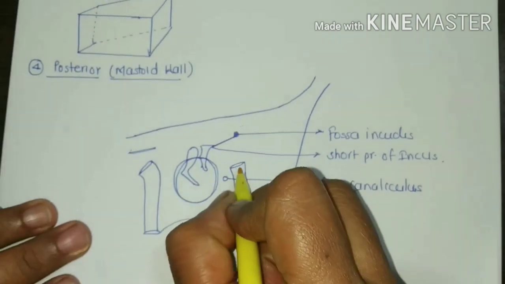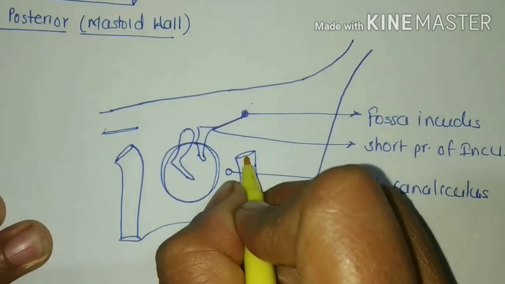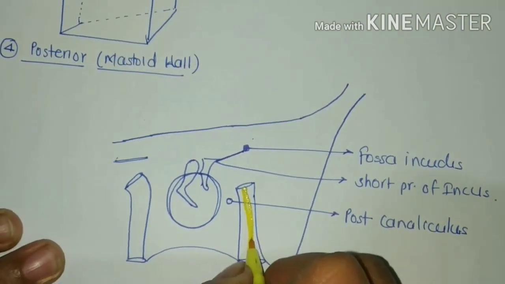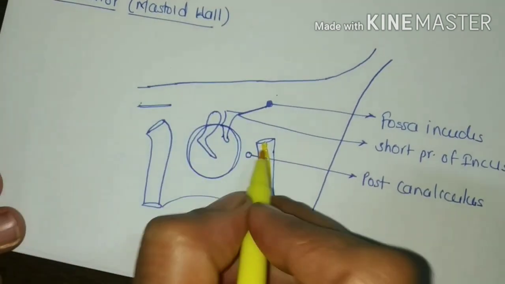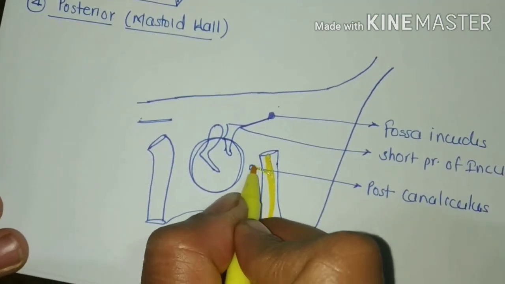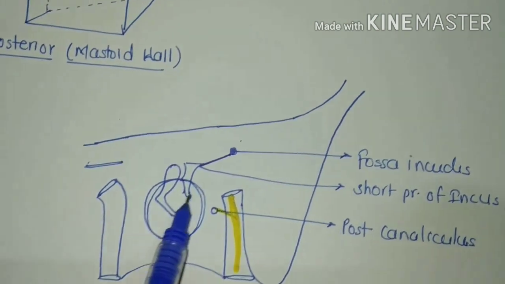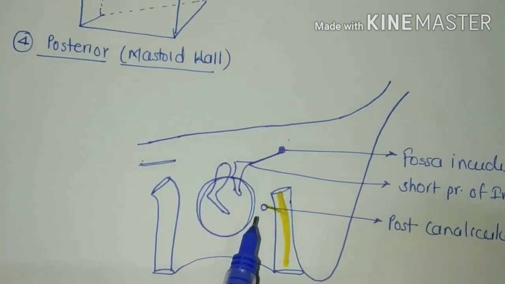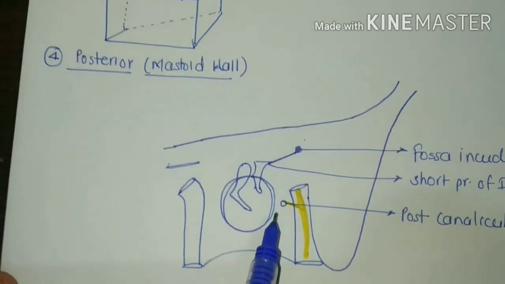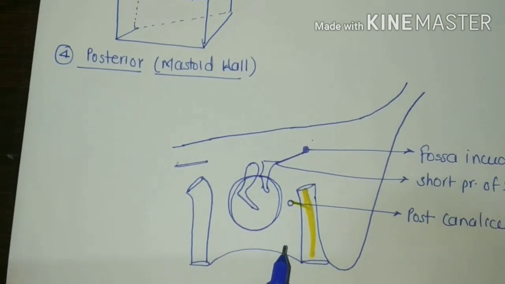As this is the canal for the facial nerve, the facial nerve lies in this canal. It gives the chorda tympani nerve, which passes through this posterior canaliculus, and through this canaliculus it enters the middle ear cavity. Clear? So this is about the posterior wall or mastoid wall.